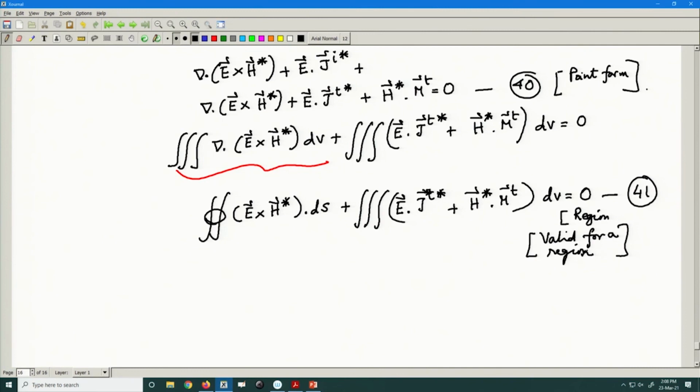As suggested by the point relationship, we had the point relationship P_f equal to divergence of S_in, that is divergence of E_in cross H_in, in the instantaneous domain.